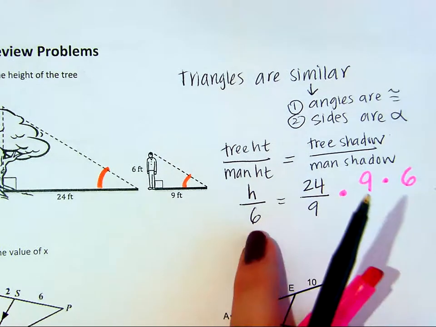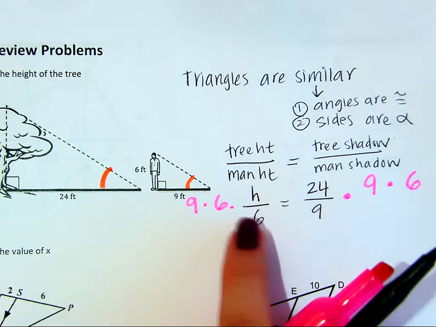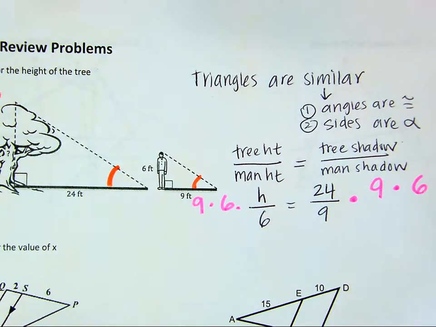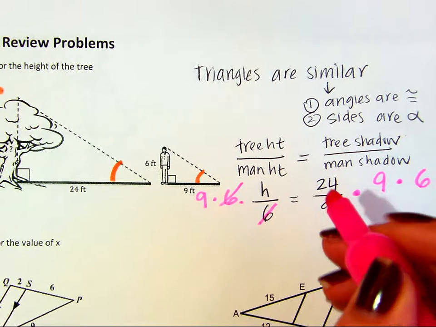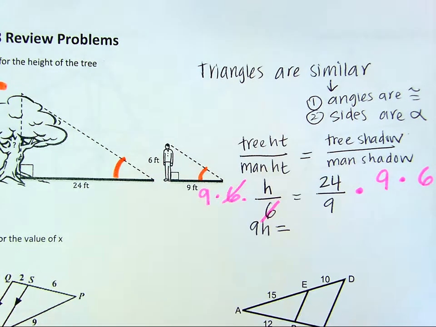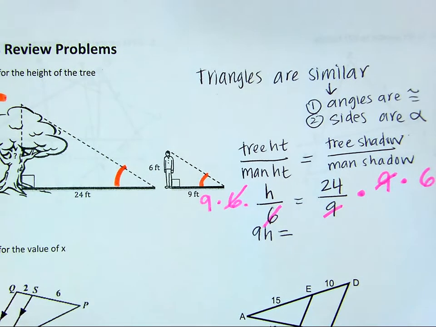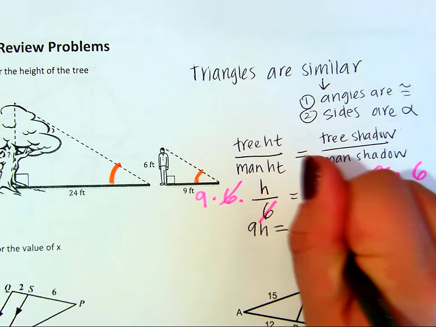So multiply by 9 and by 6 to one side, multiply 9 and 6 to the other side. This helps me get rid of the fractions. So my 6's cancel. I'm left with 9h on the left side. On the right side, my 9's cancel. So I end up with 24 times 6.